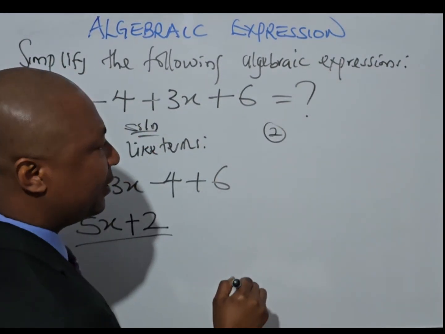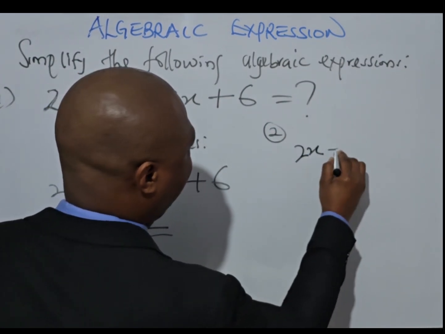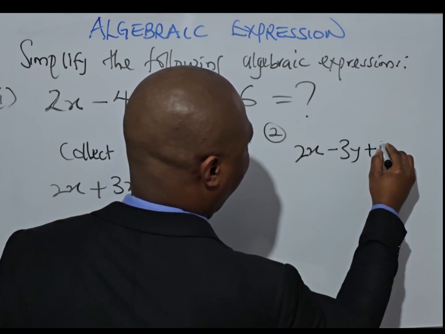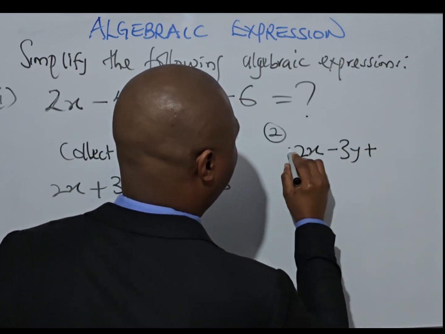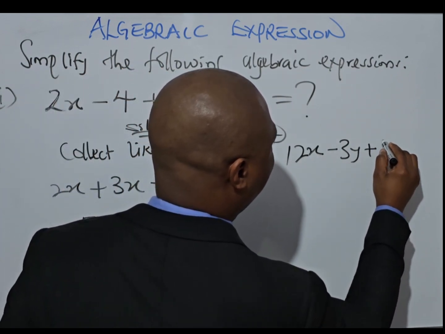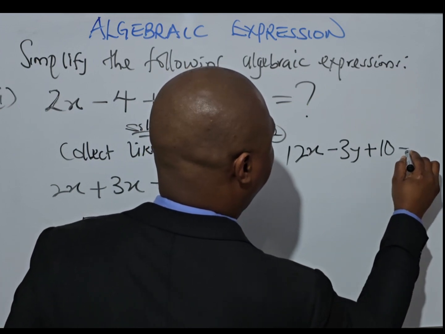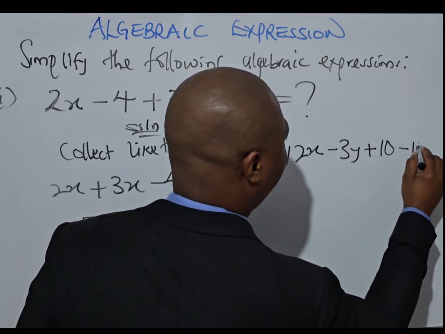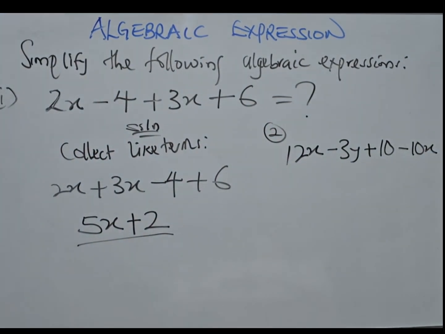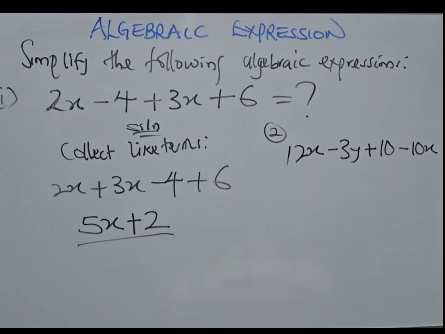Let's simplify this question. 2s minus 3y plus, let's say 12s. 12s minus 3y plus 10 minus 10s. 12s minus 3y plus 10 minus 10s.